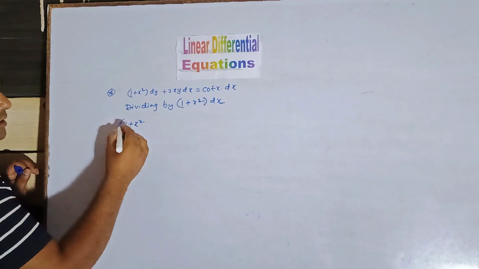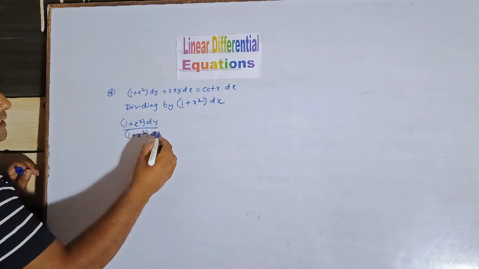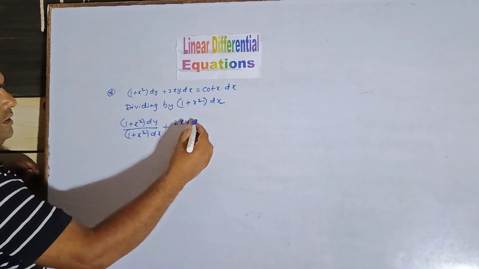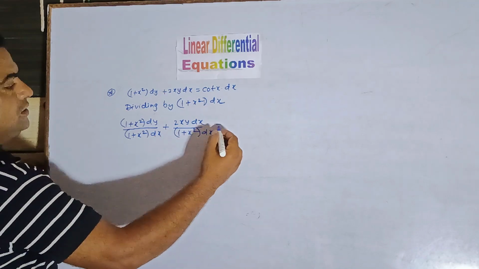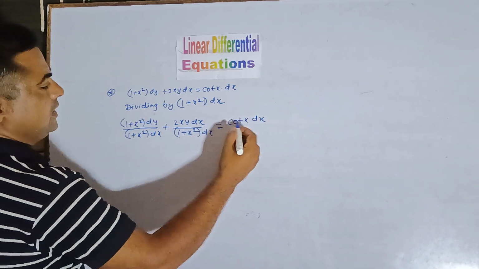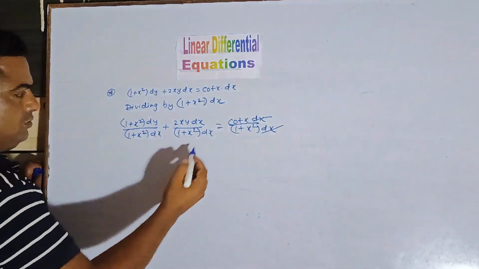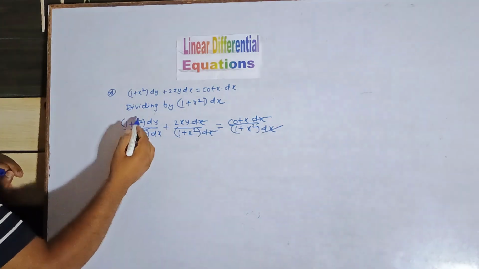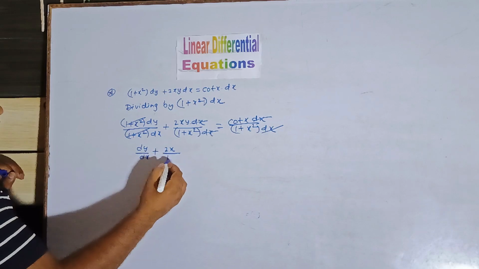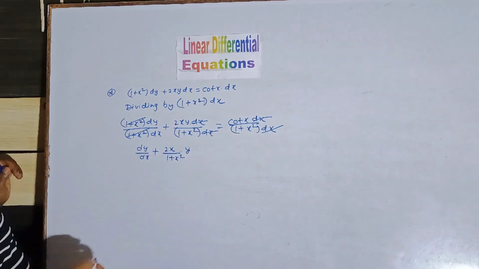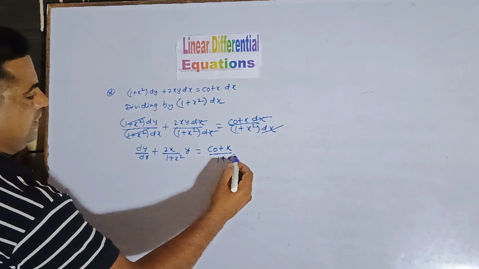(1 plus x square) dy over (1 plus x square) dx plus 2xy dx upon (1 plus x square) dx is equal to cot x dx over (1 plus x square) dx. dx cancels out, this part cancels out, so we get here dy upon dx plus 2x upon 1 plus x square into y is equal to cot x upon 1 plus x square.